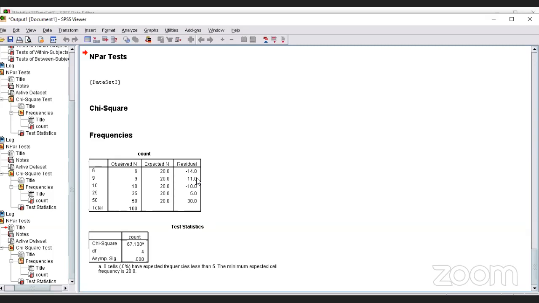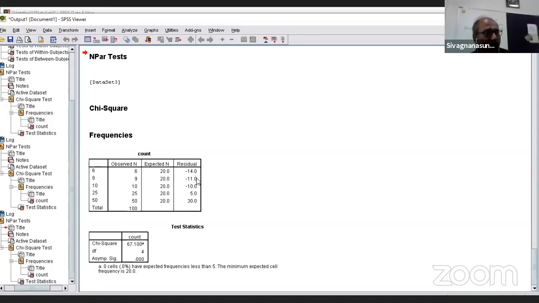A question from Mahalakshmi. Sir, how are the grades not equal? Could you please explain again? What do you mean by equal in the first place?